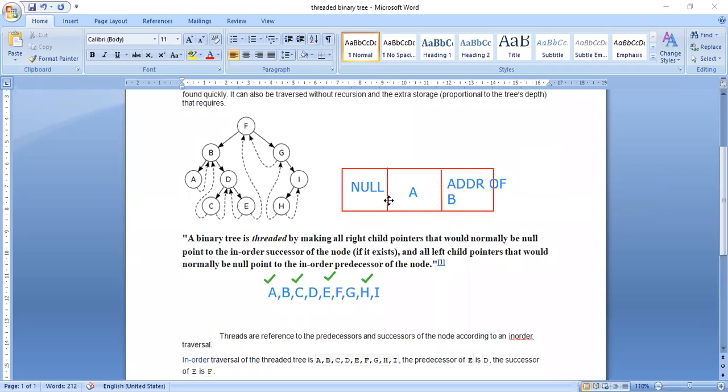So for A, instead of two nulls, the first null should be the address of the predecessor in the in-order. Is there any predecessor before A?